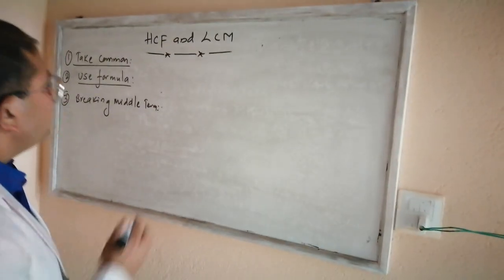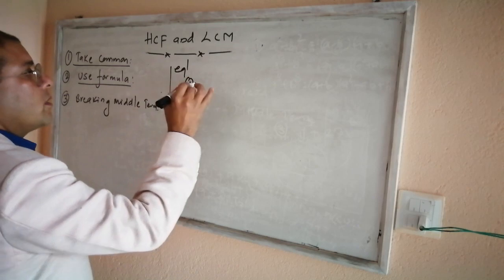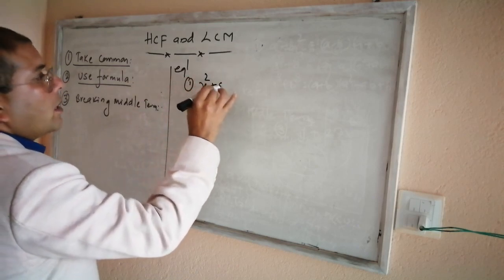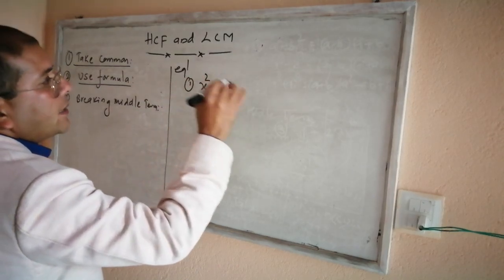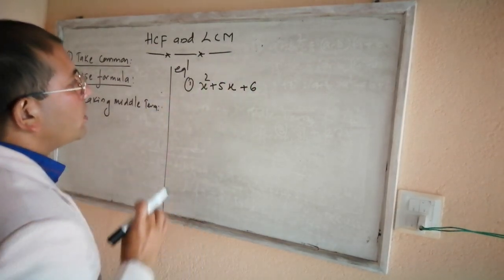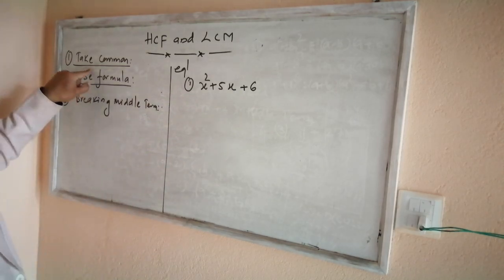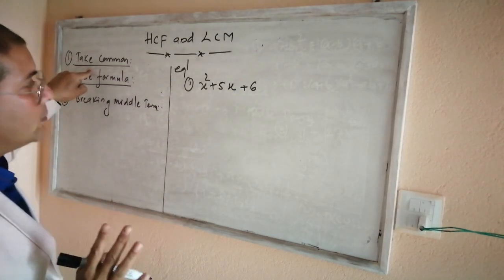Now for this, I want to give you example number 1. Suppose x square plus 5x plus 6. In this expression, there are 3 terms. Now check, is there any common term in all?